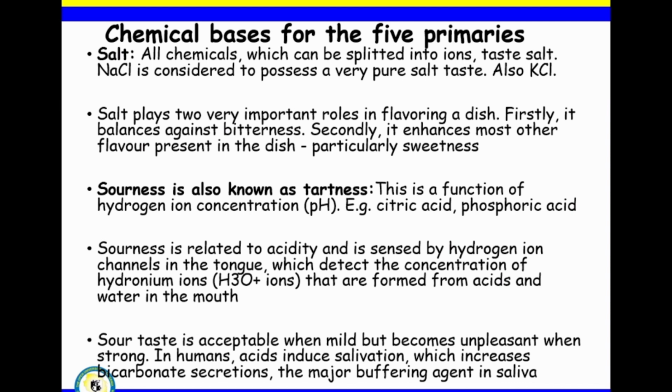The second one is sourness. This is also known as tartness. This is a function of hydrogen ion concentration, pH, for example, citric acid, phosphoric acid. Sourness is related to acidity and is sensed by hydrogen ion channels in the tongue, which detect the concentration of hydronium ions that are formed from acids and water in the mouth.